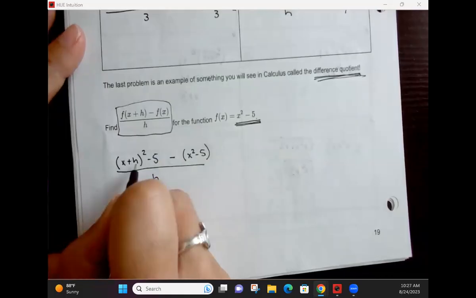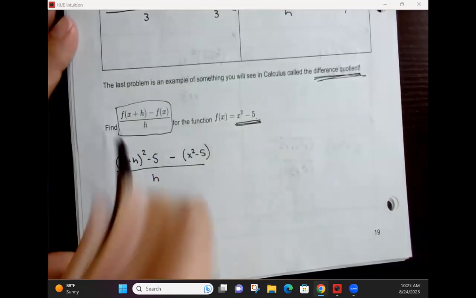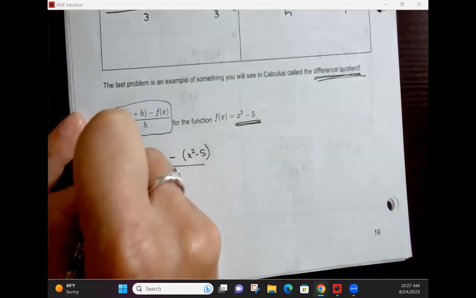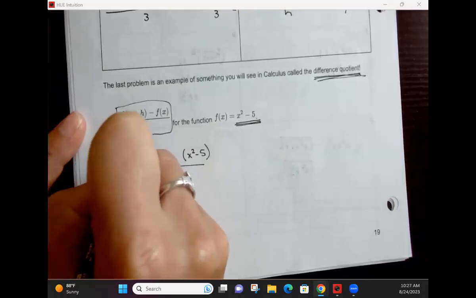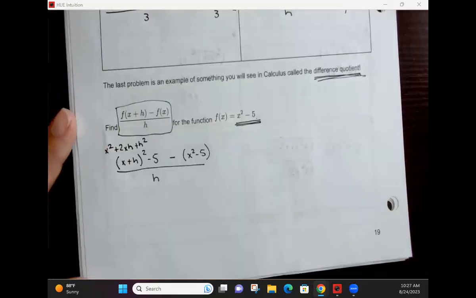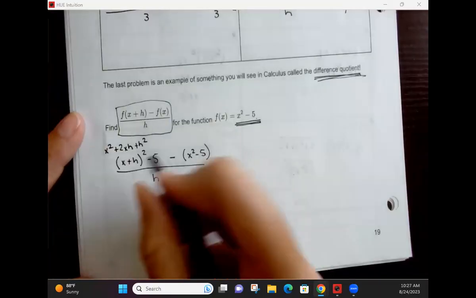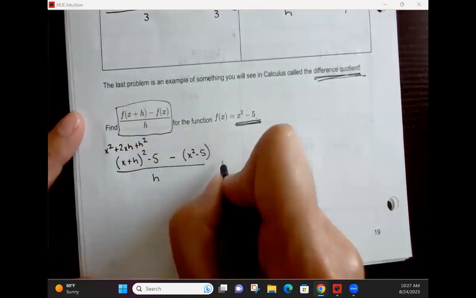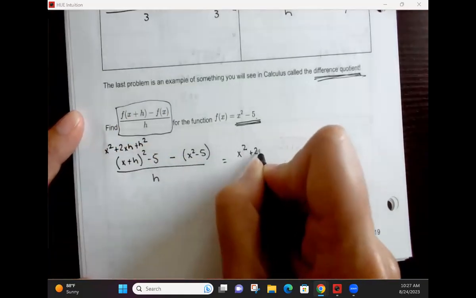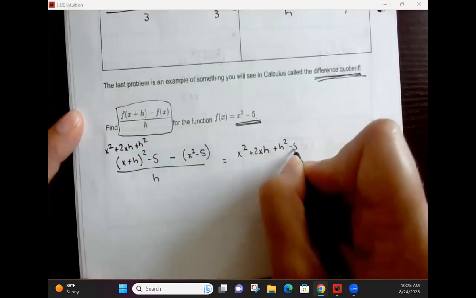So (x plus h) squared would be x squared plus 2xh plus h squared. And then when I combine like terms here, I would have x squared plus 2xh plus h squared minus 5.